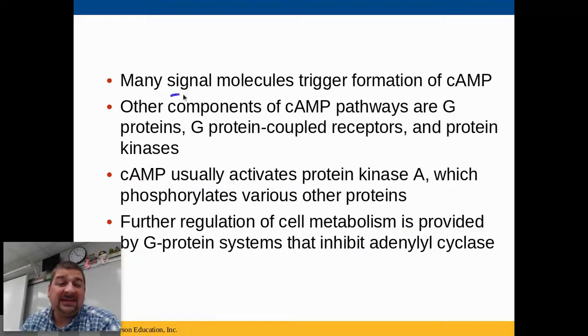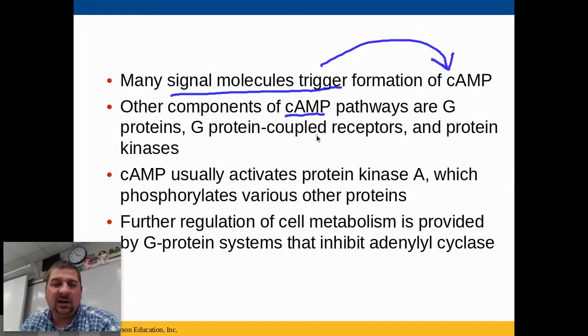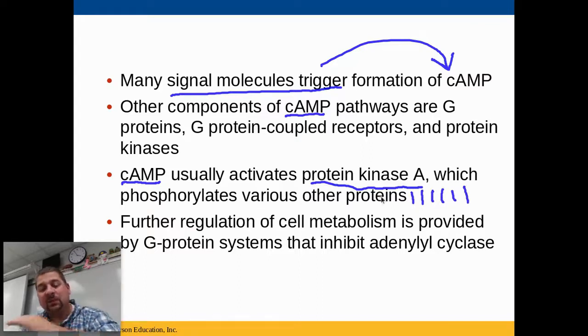There are many signal molecules that can trigger the formation of cyclic AMP. Other components of the cyclic AMP pathways are G proteins or GPCRs and protein kinases. Usually cyclic AMP will activate protein kinase A, which, remember we talked about them being like a domino setup, phosphorylates other various proteins, and that's part of the transduction pathway that dominoes throughout the cell.